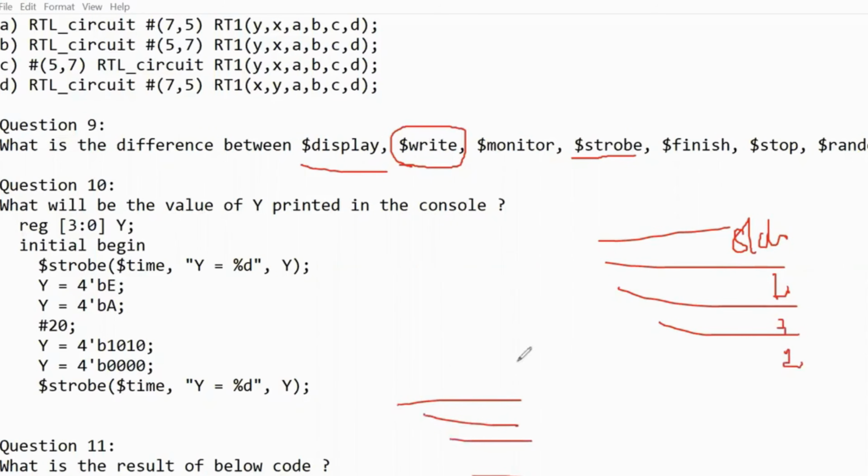But when I use $write, all the statements will be printed like this, it doesn't go to the next line. If you want to go to the next line, you have to use \n, as you use in C and C++ languages, right? So like that we need to use. Okay, so what about $finish and $stop?